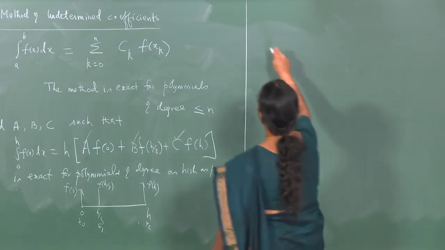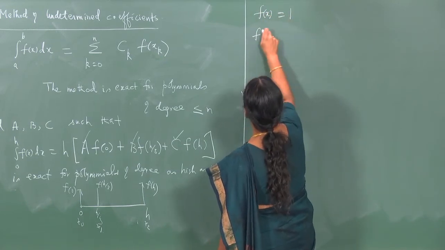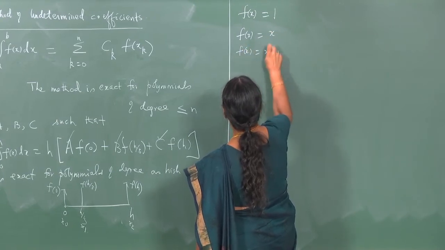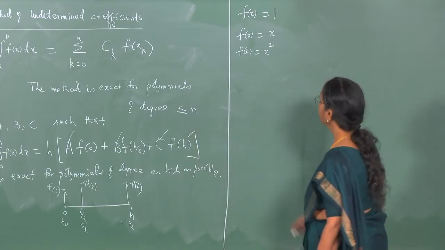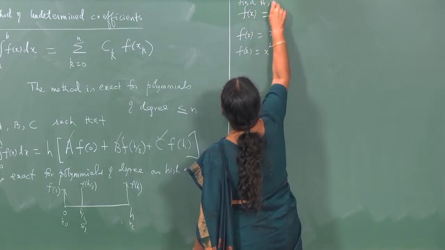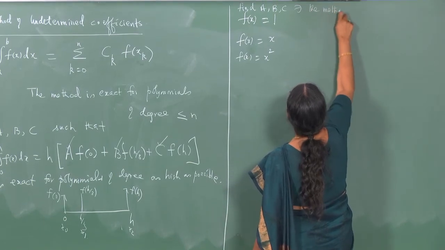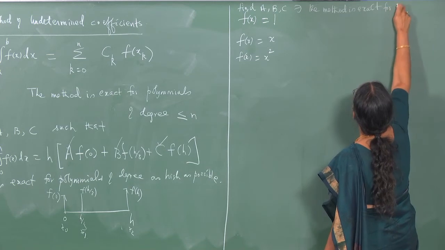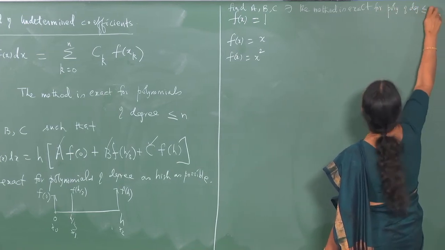That would say that when f of x is a constant, when f of x is x and f of x is equal to x square, the method must be exact. So, find a, b, c such that the method is exact for polynomials of degree less than or equal to 2.